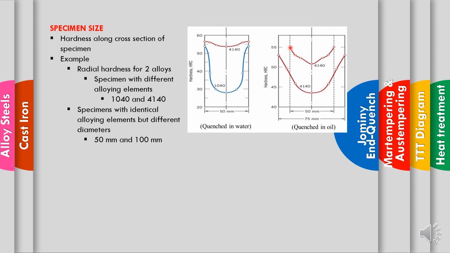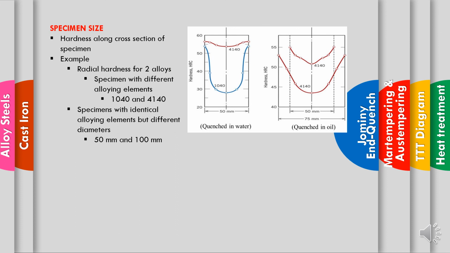So the 50 mm can produce a higher hardness compared to the 75 mm. If compared at different alloys with the same diameter, quenching in water, the 4140 is basically higher than the 1040 due to the different carbon content.